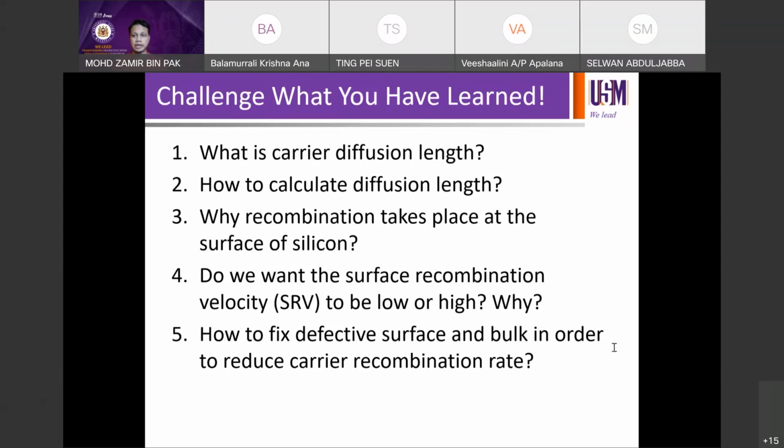Good. So those are the Q's of the previous topic. So as I always said, if you are clear with this page, challenge what you've learned on the recap of the previous topic. If you're clear on this page, then you are clear more or less on the topic itself. Kalau you sangkut untuk tak faham nak jawab, or you don't understand what it means before you can answer, that means you are still not clear with your understanding of the previous topic.